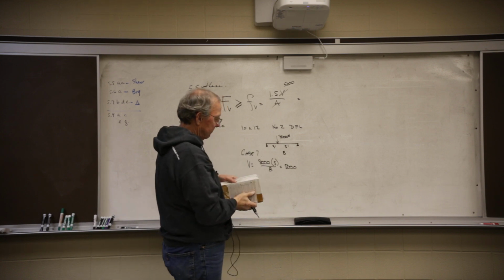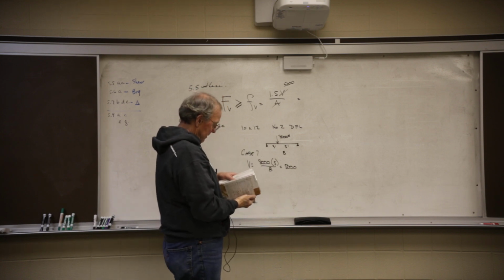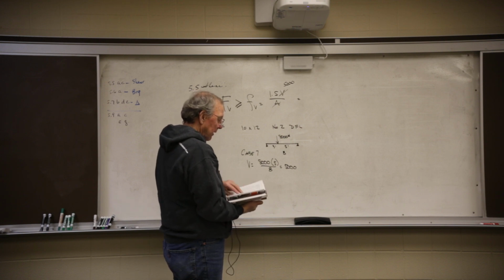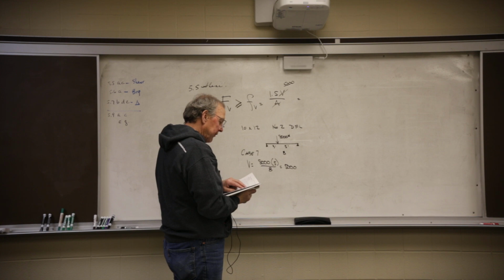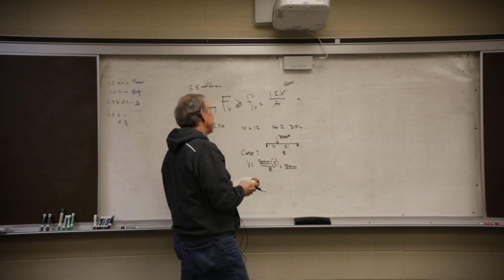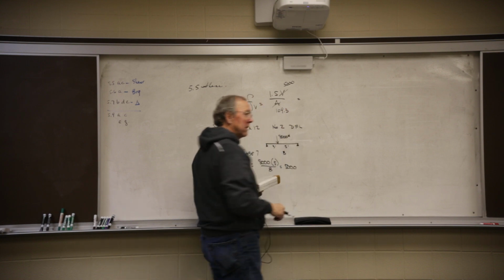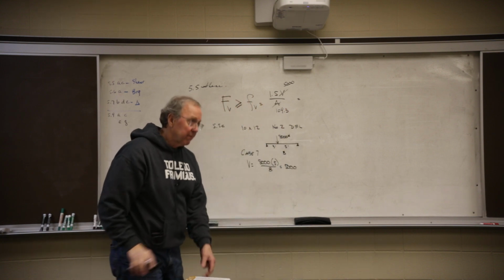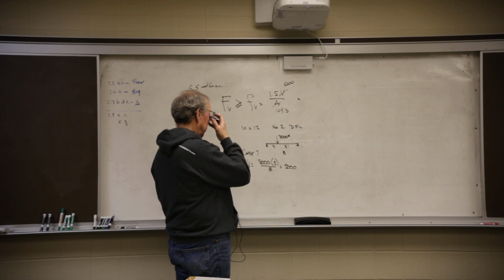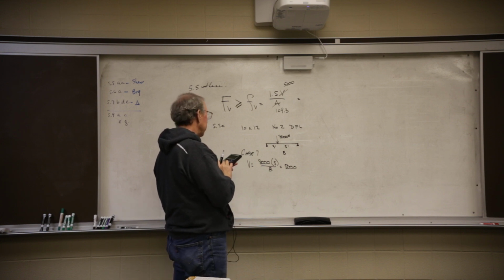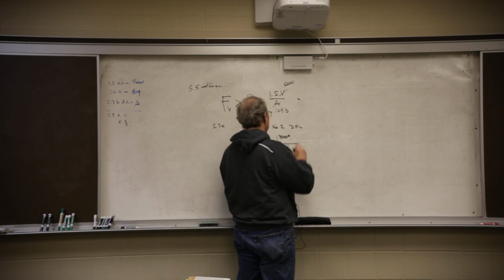Back of the book, 676, 677. 10 by 12 has an area of 109.3. Do the math. Check the table. 1.5 times 5,000 divided by 109.3. 68.62.